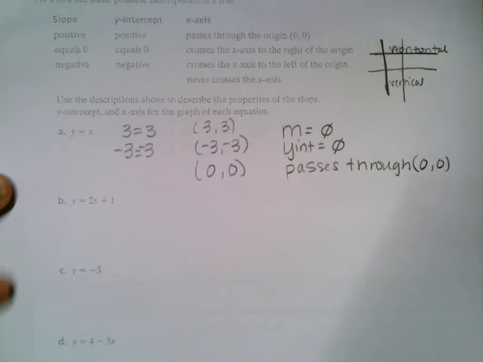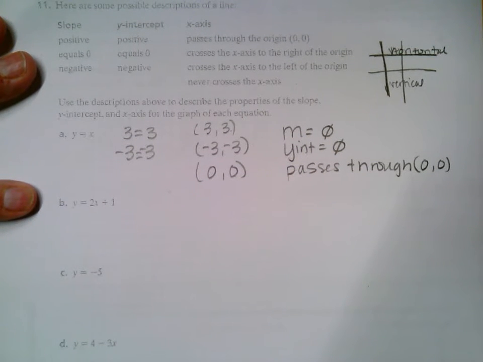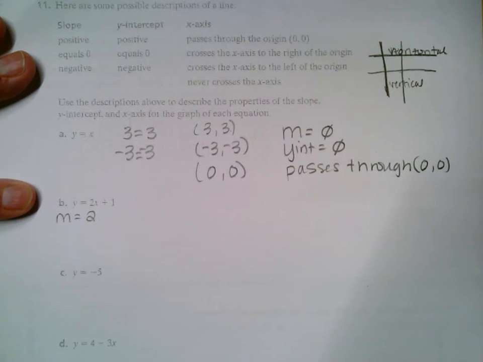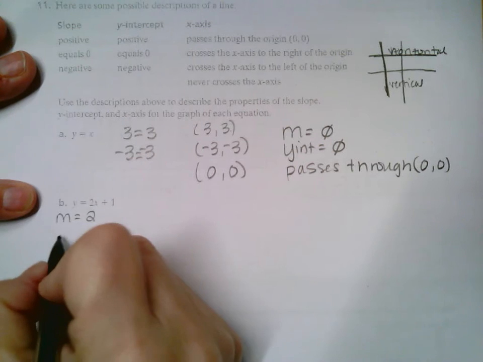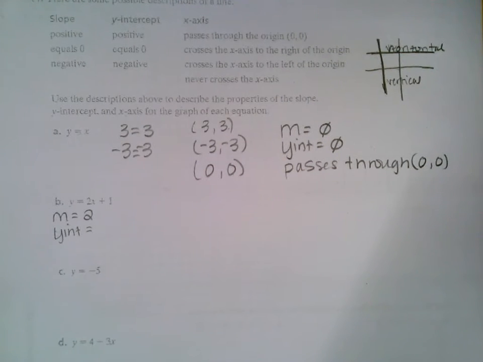So let's go down to this one. Well, first off, what is my slope? My slope is what is multiplied by my x. My slope is difference in y's over difference in x's, my rate of change. My slope in this one is equal to 2, because 2 is what is being multiplied by x. My y-intercept is my b, which in this case is positive 1.